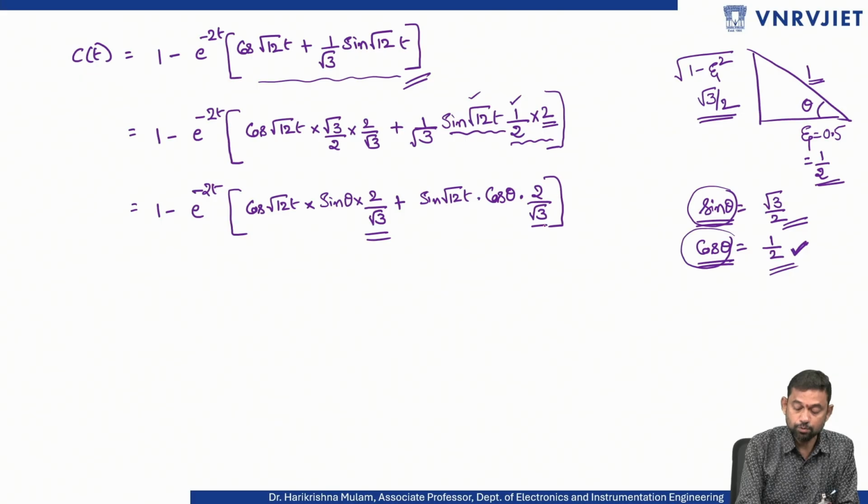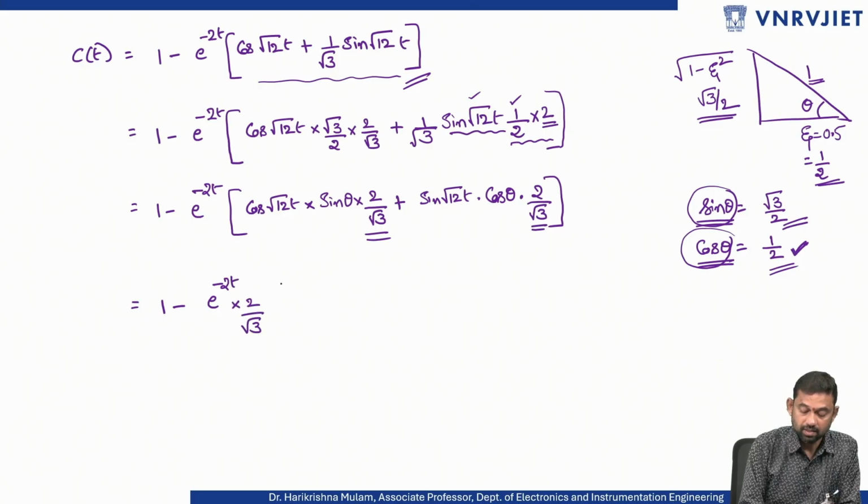Therefore 2 by root 3, if you take it out, 1 minus e power minus 2t into 2 by root 3 into, let me write this first, sine root 12t cos theta plus cos root 12t sine theta.